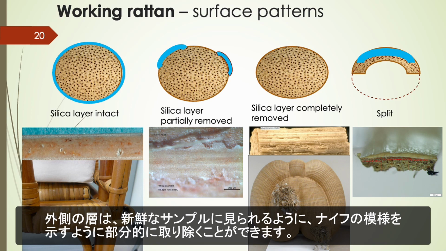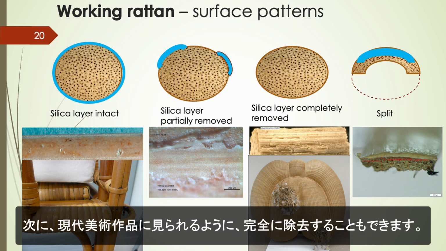It could be partially removed, and an example was seen on the fresh stem of rattan which I imaged from places where rattan was processed in contemporary times. I call those remaining parts silica islands. Or it could be completely removed, as we observed on our contemporary artwork.